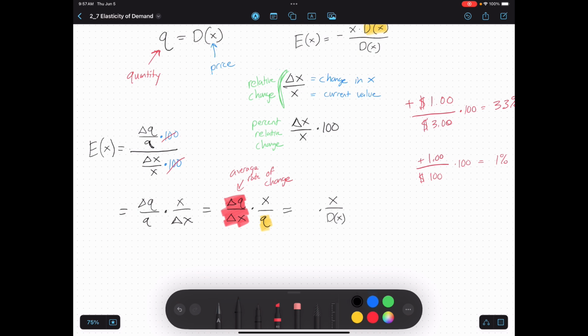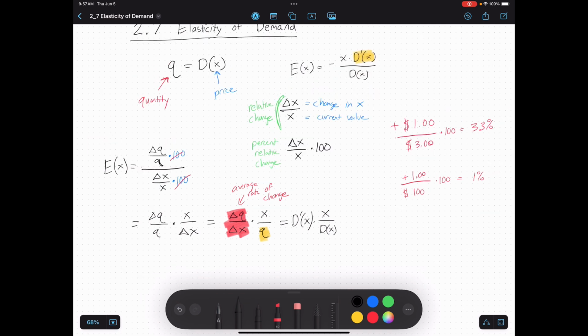So I replace that with the derivative of Q, which is a function of x. I use D of x, so my derivative is just D prime of x. Now I'm pretty close to what I wrote out for my formula already. I've just rearranged the order a little bit.